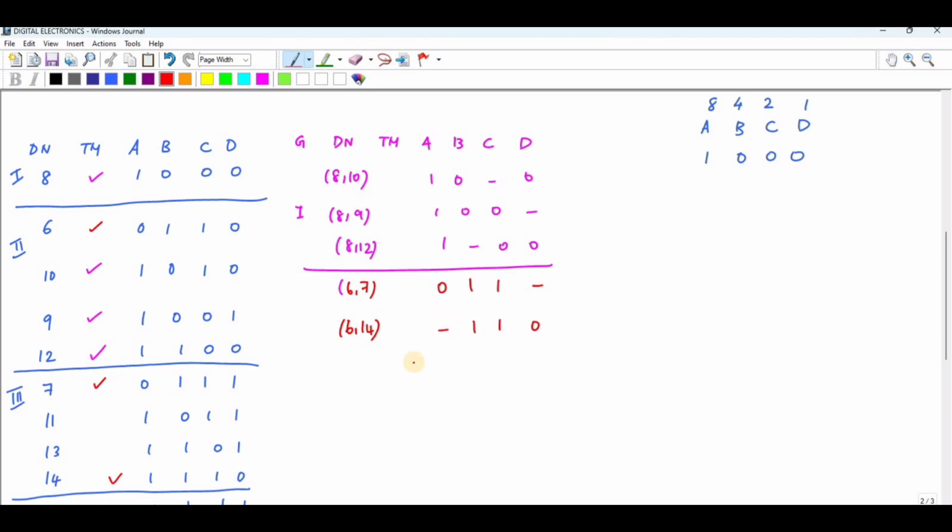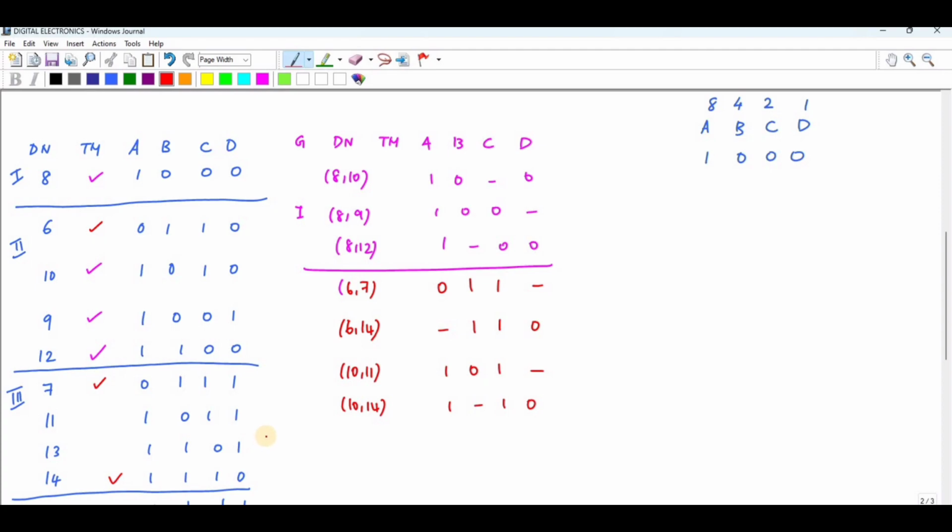Next, 10 and 11. If I choose 10 and 11, we'll get it like this. And if we choose 10 and 14, 1 dash 1 0, right?